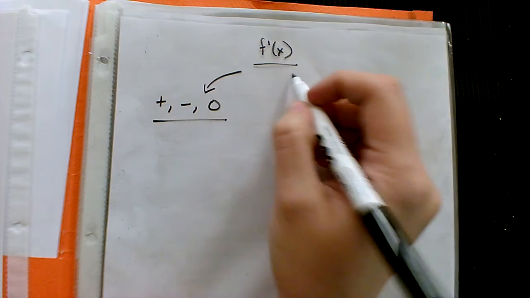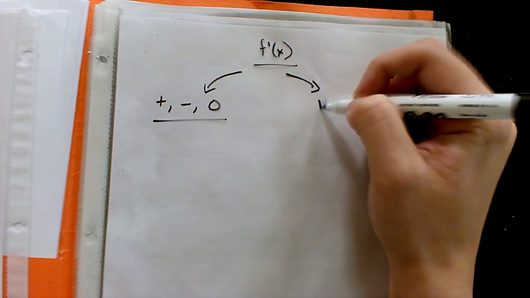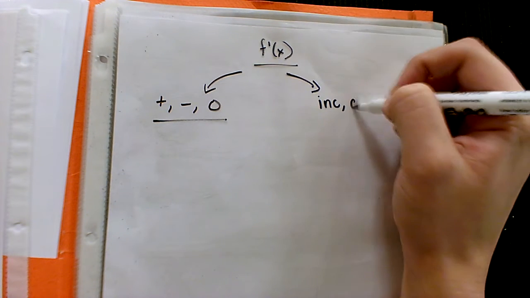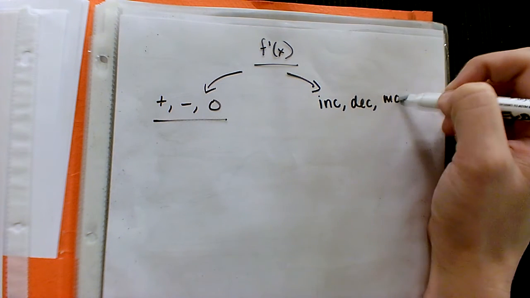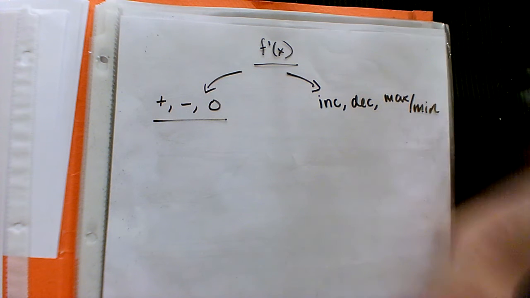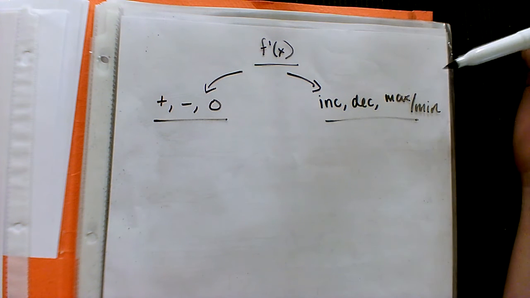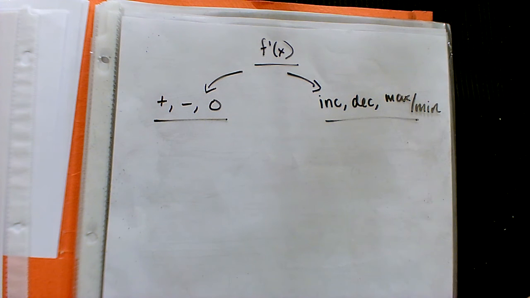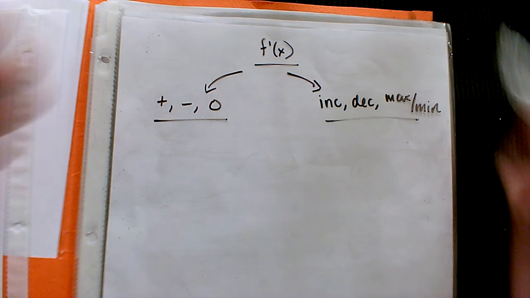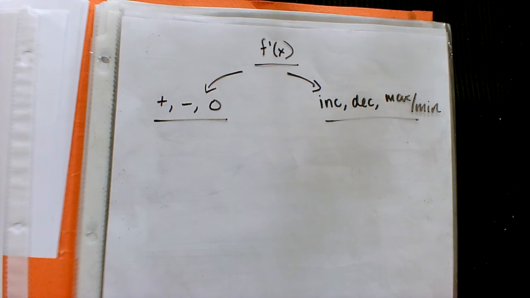Okay, either one. And then what if we were to analyze the increasing, decreasing, or max and min nature of the first derivative graph? What would that tell us about the original or the second derivative? Doesn't matter. Can we start listing some of these?